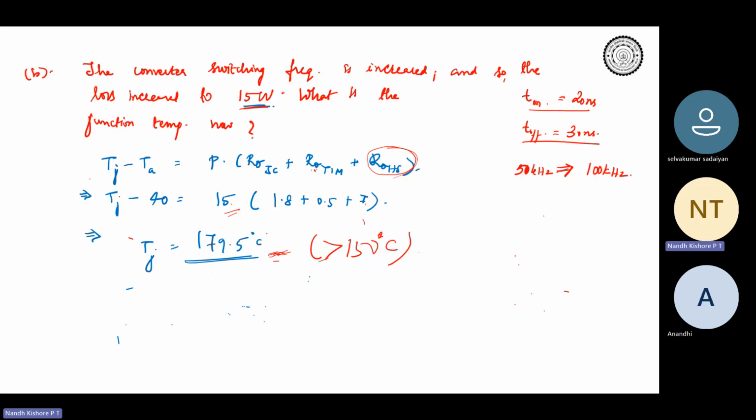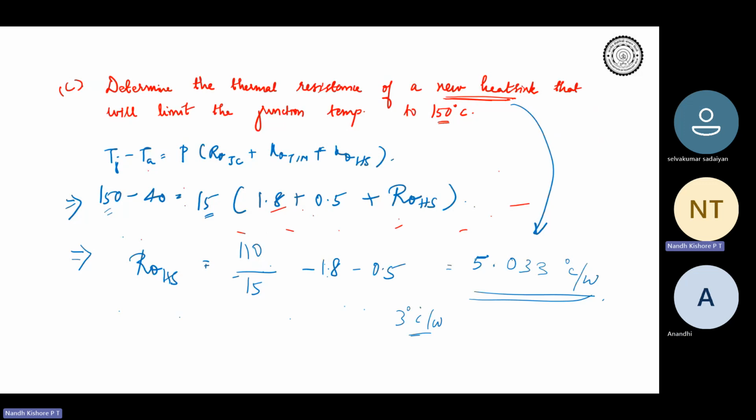I cannot operate my device at 180 degrees with higher switching frequency. I have to change my heatsink completely. That is why we computed what should be the heatsink so that my device can now operate at this new operating condition.